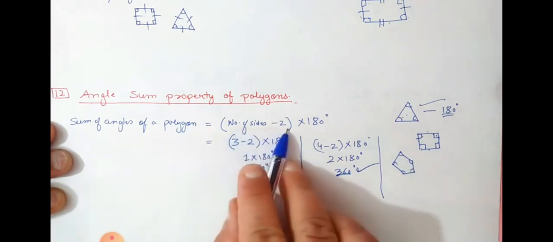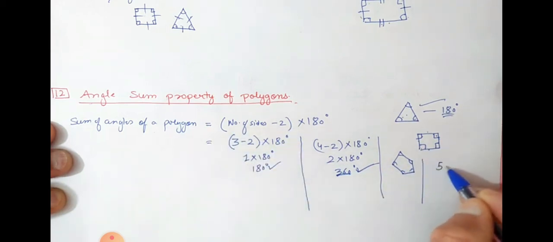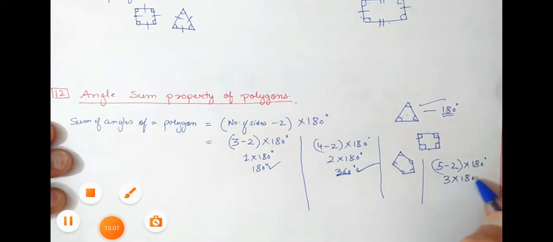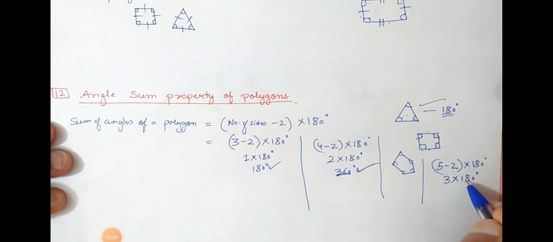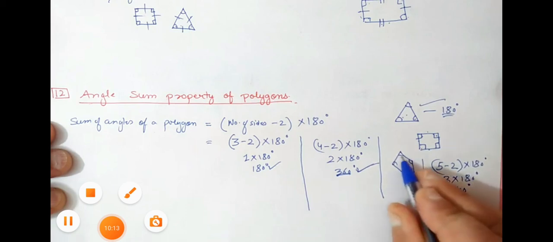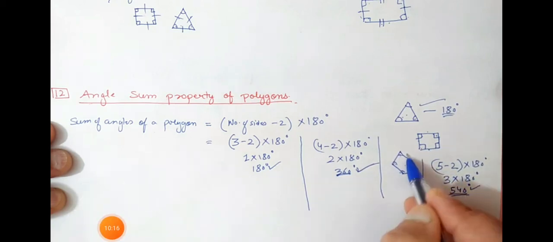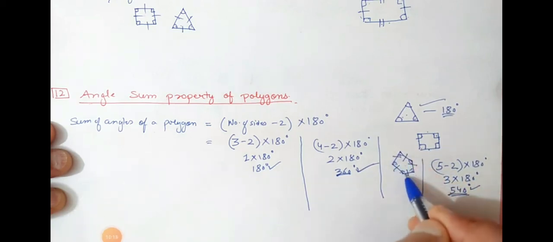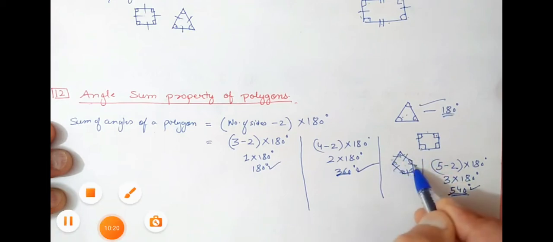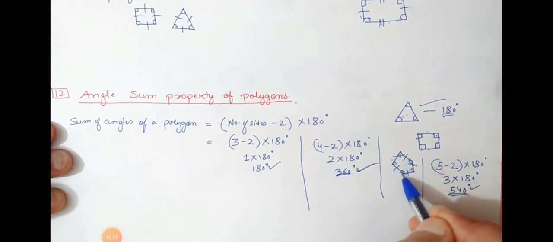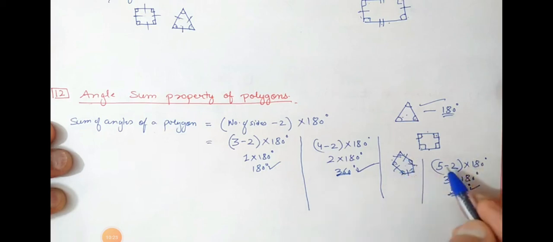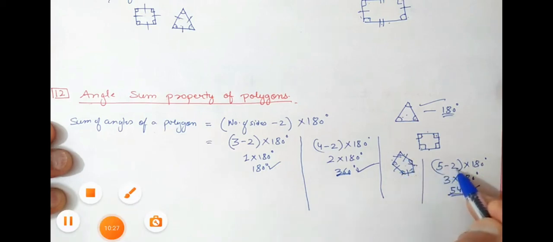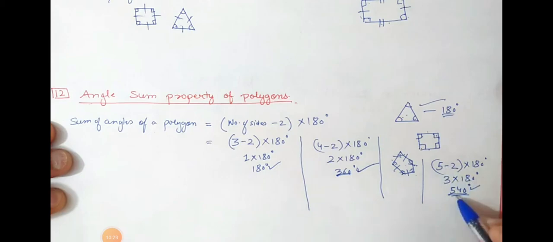Number of sides minus 2, into 180, same formula applied here. 5 minus 2, into 180. 5 minus 2 means 3, 3 into 180 is 540. This is the angle sum property of polygons. Yes children, this is the introduction part of quadrilaterals. Okay, I hope everyone understands.